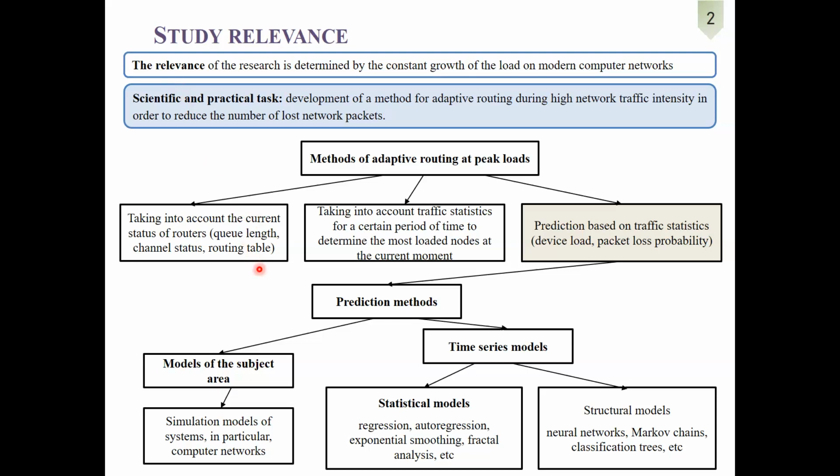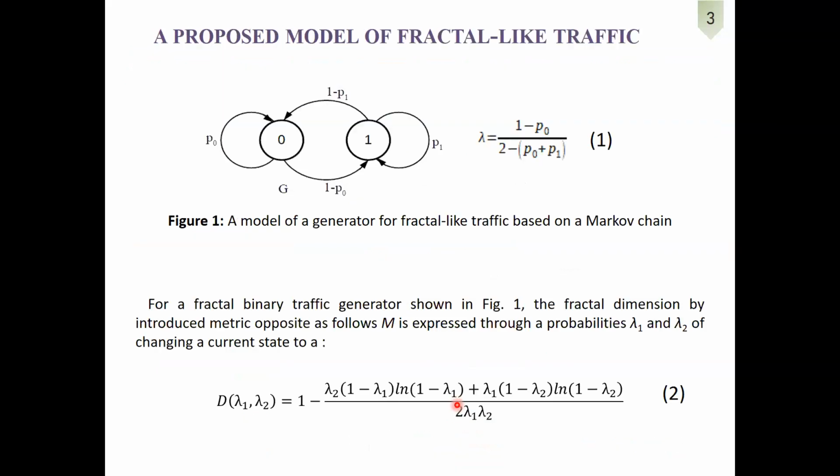Nowadays, mathematical models of self-similar time series are most often used for the mathematical description of network traffic. Therefore, fractal analysis and synthesis of network traffic was mainly used to solve the chosen scientific and practical problem. Here we can see the proposed mathematical model of fractal traffic, in particular the Markov chain for its generation.